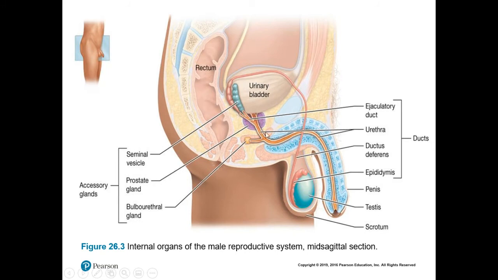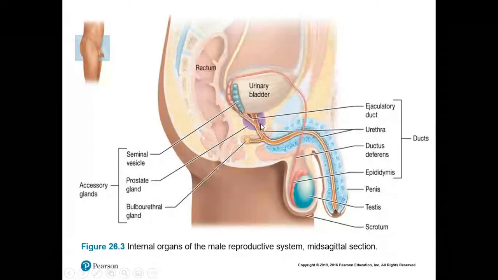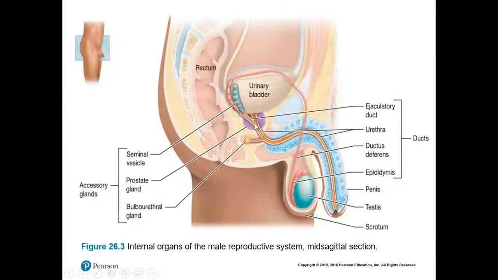If there is sexual stimulation, then semen can be forced out of the penis in a process known as ejaculation. But the formation of it occurs right here, with the seminal vesicle and the prostate contributing to it.